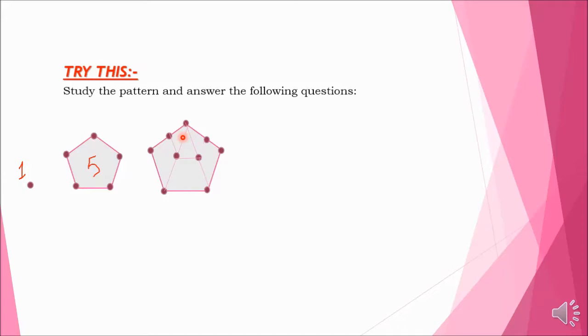Now this is the way the pattern is created. Let's see the next one. How many dots are there? 5 on each corner, 6, 7, 8, 9. So 9. Clearly the difference is 4. That means there will be 13 dots on the next figure. All the 5 will be on each vertex of the pentagon.